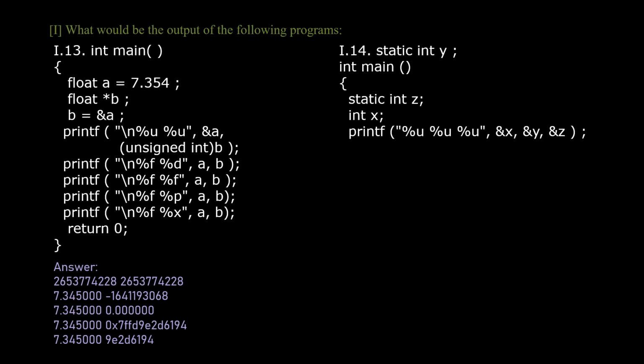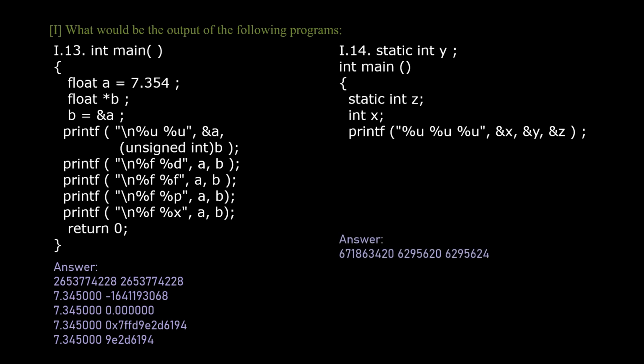Let's see the 14th question. Static int y, static int z, int x, printf, ampersand x, ampersand y, ampersand z. So here we are printing the address of local variable x and static variable z and static global variable y. Let's see the output.